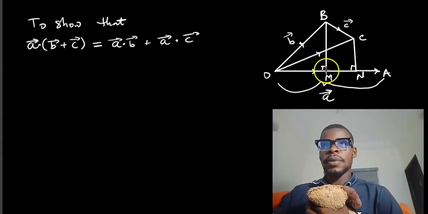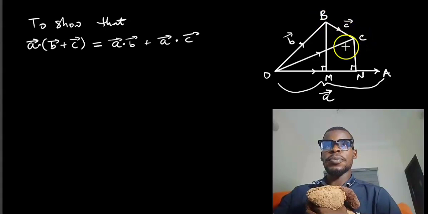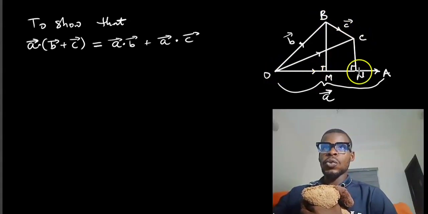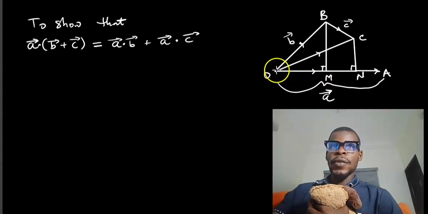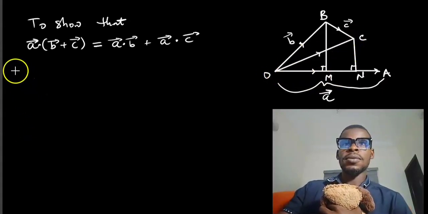You can also think about the length of line MN as a scalar projection of vector C, which is a vector from point B to point C. And lastly, the length of line from O to N is the scalar projection of a vector from point O to point C.